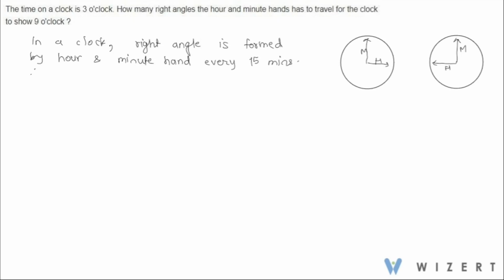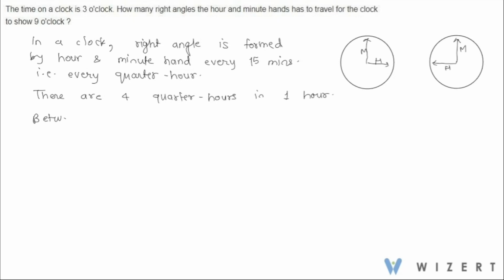That is every quarter hour. There are 4 quarter hours in 1 hour.